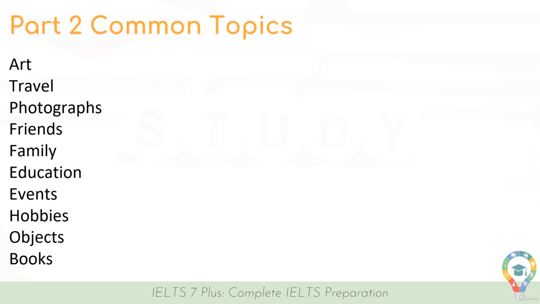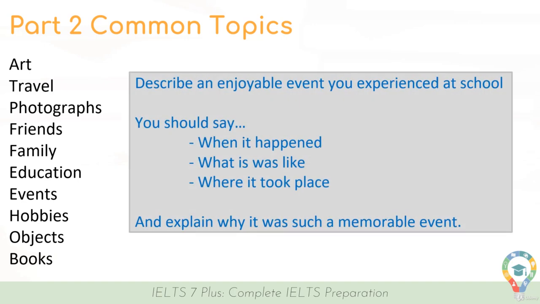Let's take another look at what a topic cue card looks like. Describe an enjoyable event you experienced at school. You should say when it happened, what it was like, where it took place, and explain why it was such a memorable event.